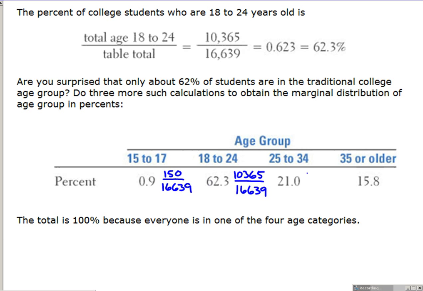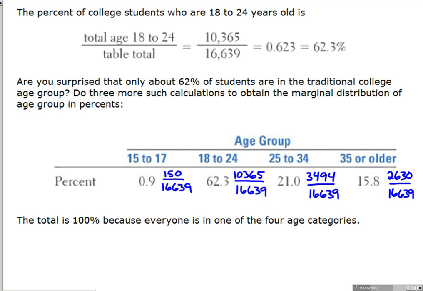16,639. 25 to 34 age group, take the row total, 3494, divided by the grand total, 16,639. In the 35 and older group, take the row total, 2630, and divide by the grand total, 16,639.